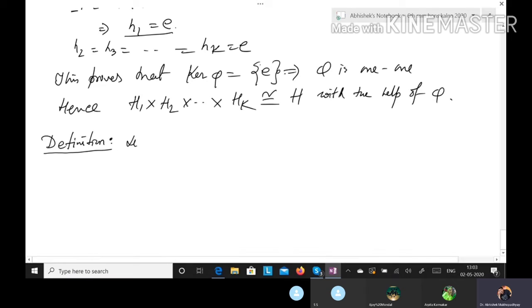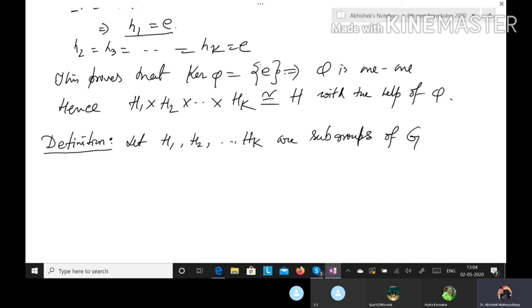That is, let H1, H2, Hk be subgroups of G, and let H be H1 H2 ... Hk.